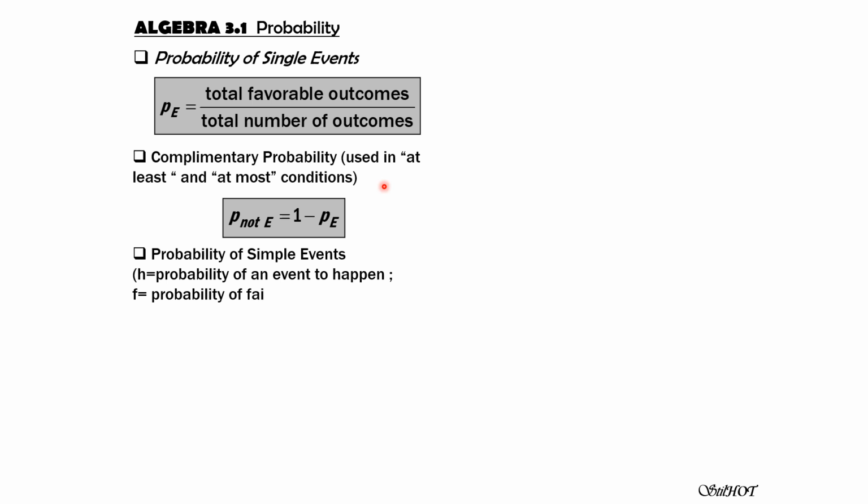So P sub E is equal to H divided by H plus F. Remember that this is the sum of the probabilities, which is supposedly 1. So H plus F should be 1, and you may replace this by 1. But if H is known, then we can easily compute the probability of a single event. So let's have this demonstration.